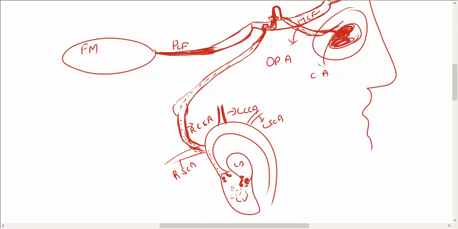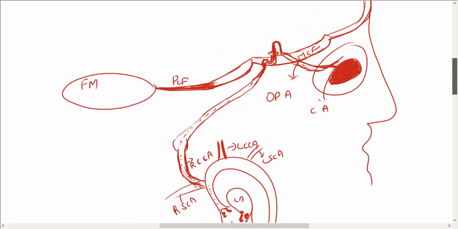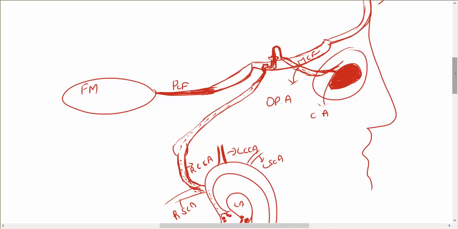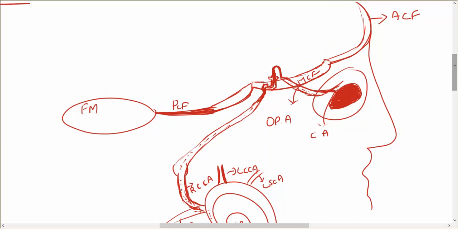The whole eye goes for infarction, and that creates right-sided blindness. Okay, so if you understand this vessel, then only you can understand the pathology. This is very important.